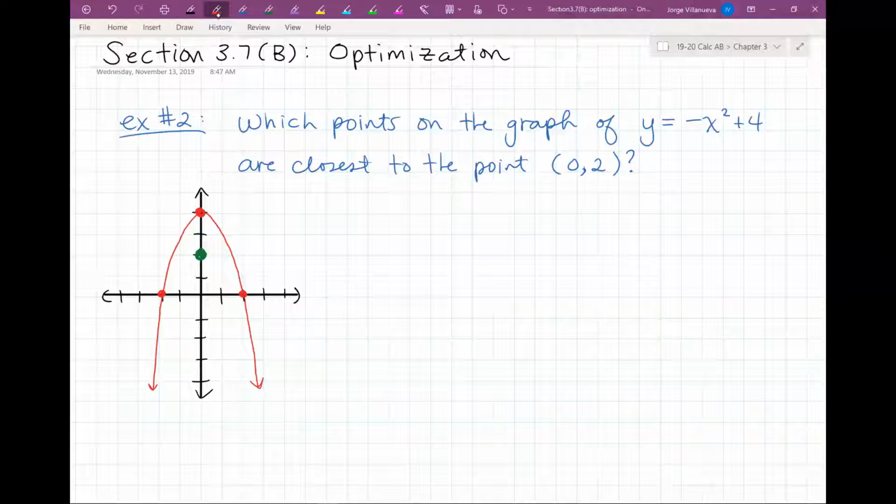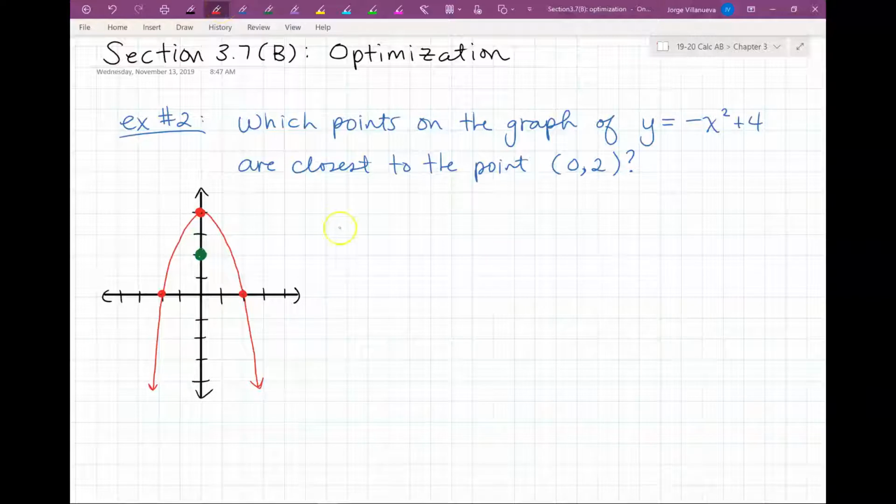Okay, so in optimizing, we're actually trying to minimize what? When they ask me which point is closest, what am I minimizing? Distance, right? And we know a formula for distance, right?